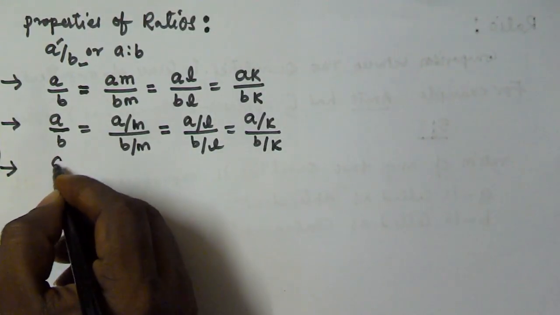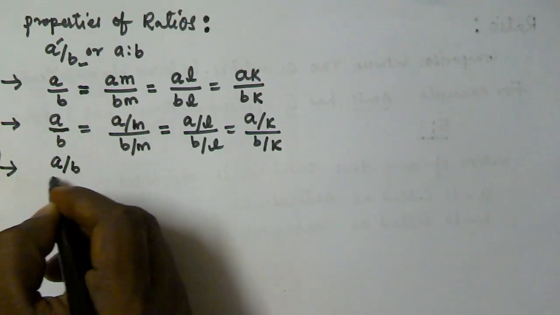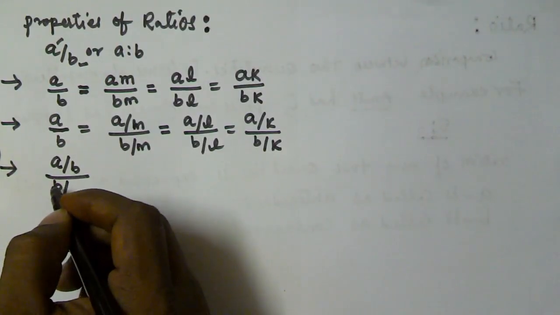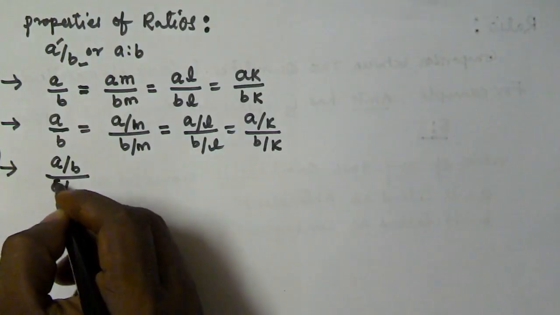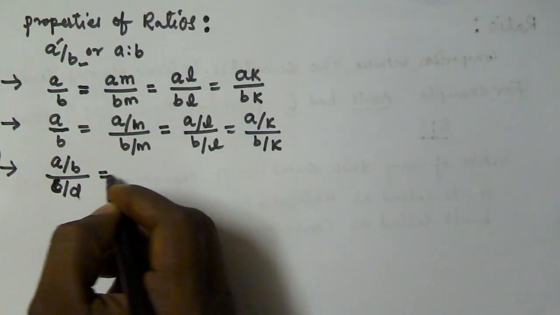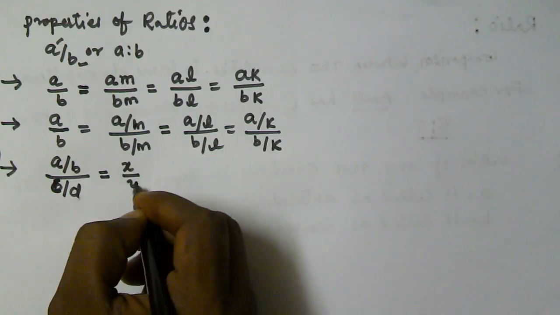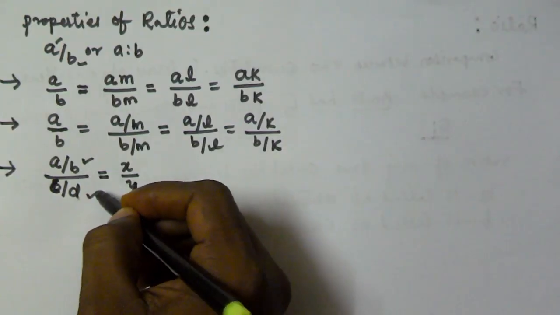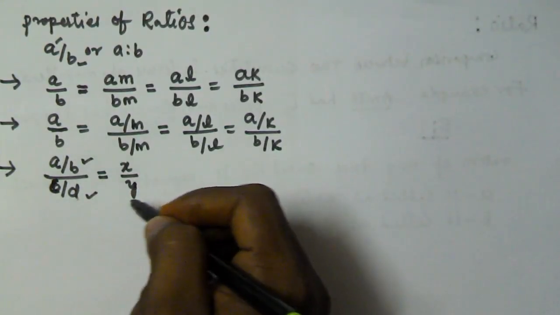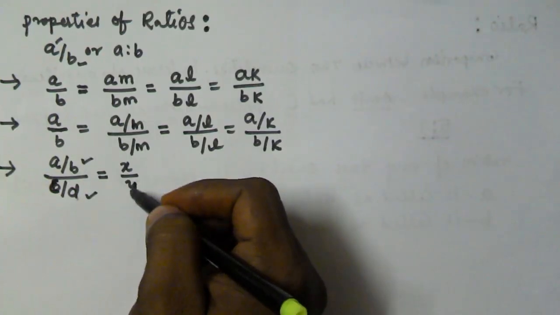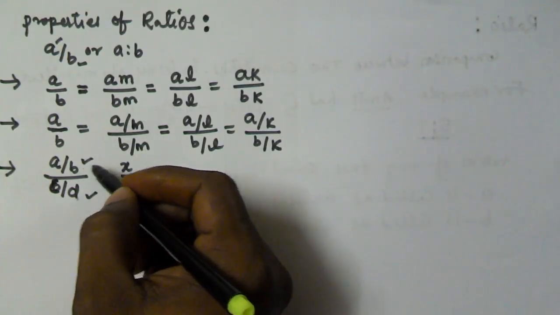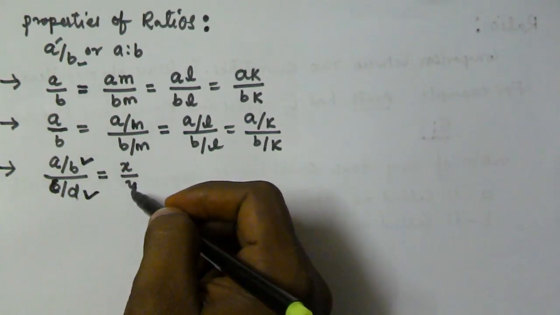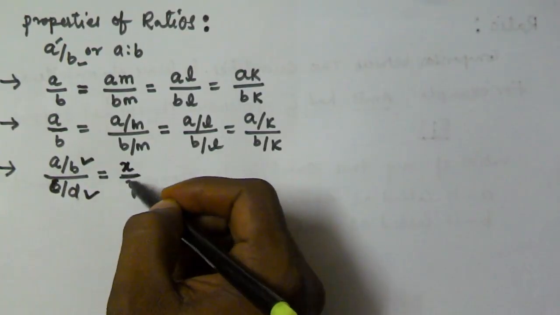For example, we have two ratios, A by B and C by D, and this can be expressed like X by Y. So the ratio of two fractions, the first fraction and the second fraction, or the ratio of two ratios, can be expressed as a ratio of integers, X comma Y.